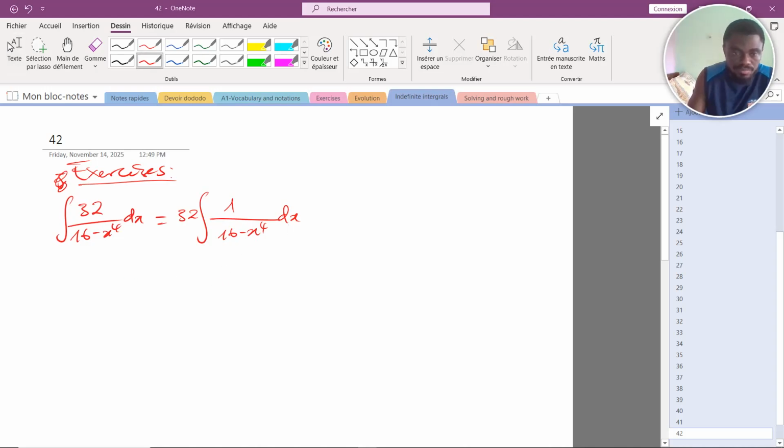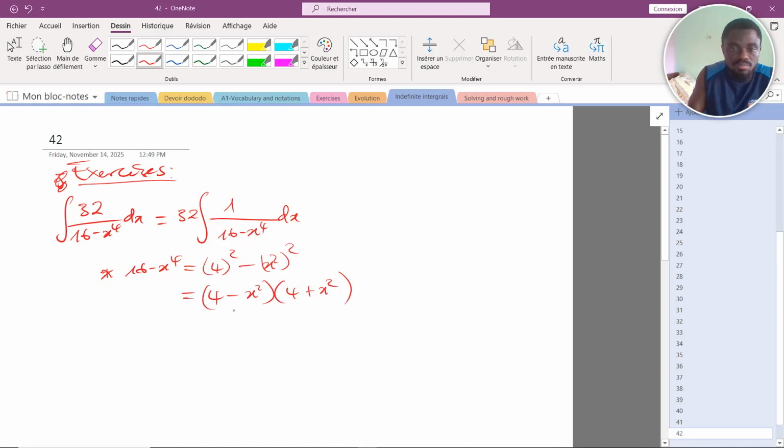We see that 16 minus x to the fourth can be written as 4 squared minus x squared, all squared. This is already a difference of two squares, so this will be equal to 4 minus x squared times 4 plus x squared.